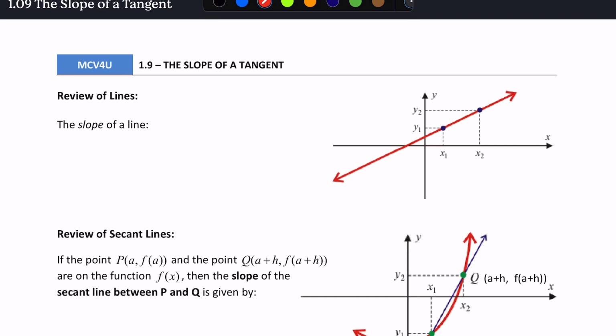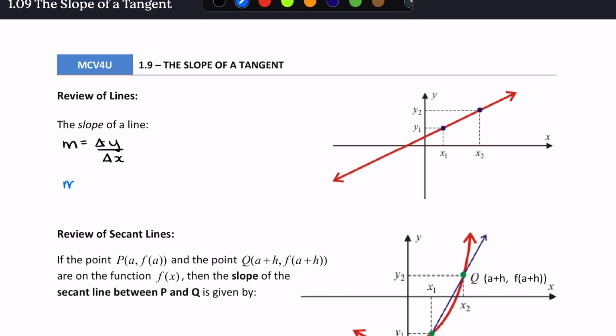Back to today's video. In today's video, we'll be talking about the slope of a tangent. So just a review of lines. If we remember, the slope of the line is represented by the equation m is equal to delta y over delta x, which means, again, the change in y over the change in x.